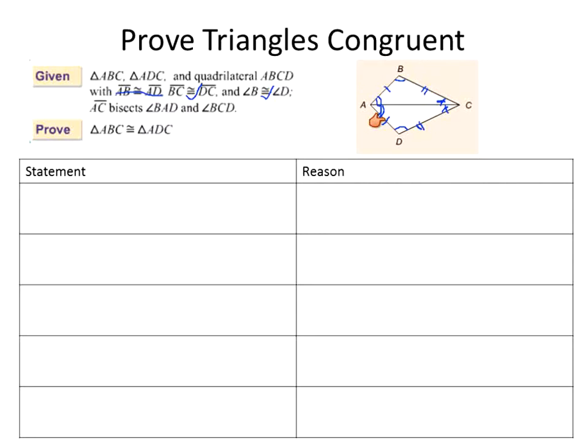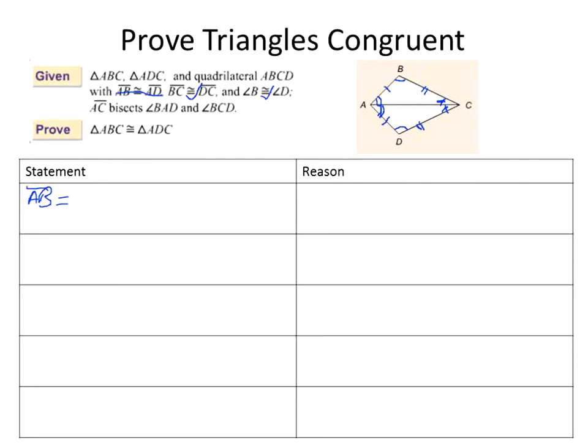So right now, I've got one pair of corresponding sides congruent and another pair of corresponding sides congruent. So in order to prove this, we've got to make statements that show all three sides are congruent and all three angles are congruent. So let's write that out. Right now, let's just worry about the sides first.